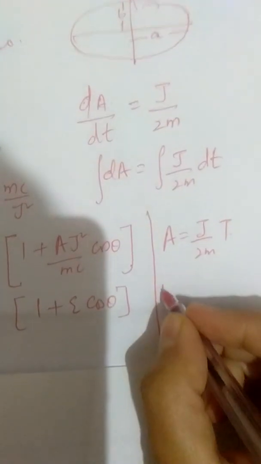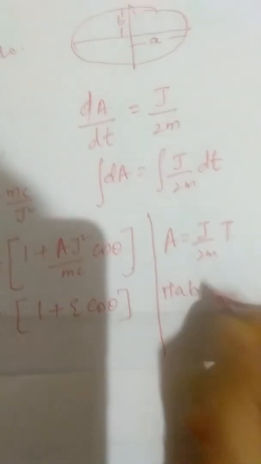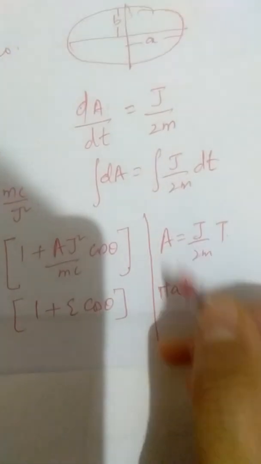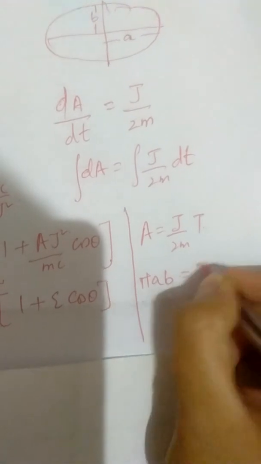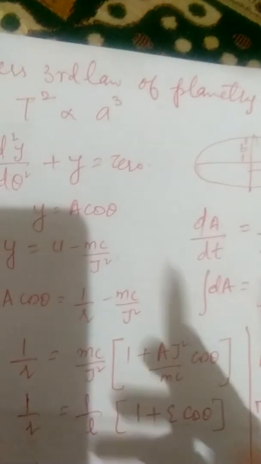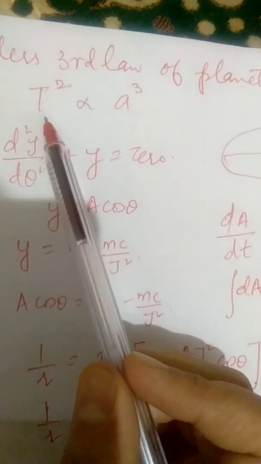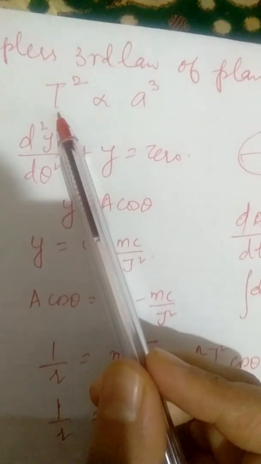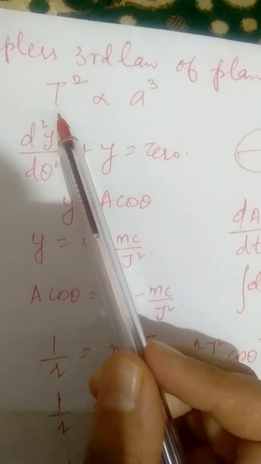Now what is the area of the ellipse? You know it from your knowledge of mathematics that it is πab, where a is the semi-major axis, b is the semi-minor axis. So this is equal to J/2m times T. In the third law, what are we going to do? We are basically trying to find the time period of the revolution of the planet around the sun.